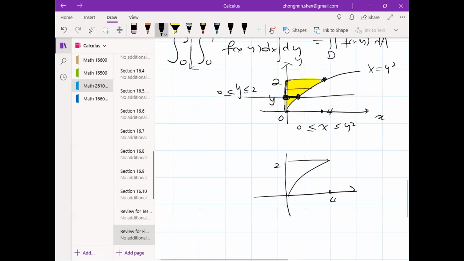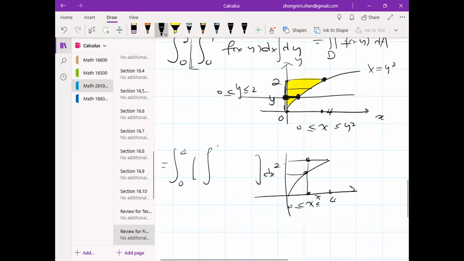So there is no restriction for x. This is going to be from 0 to 4, dx. Then for each point x, you draw the vertical line. And then y is clearly between those two points. What is the y?